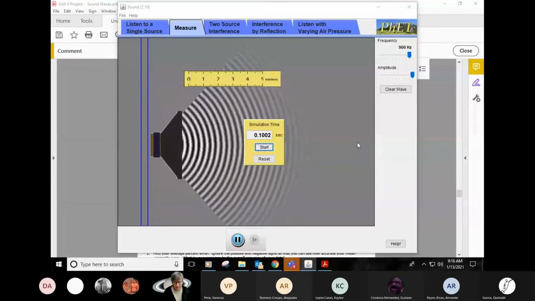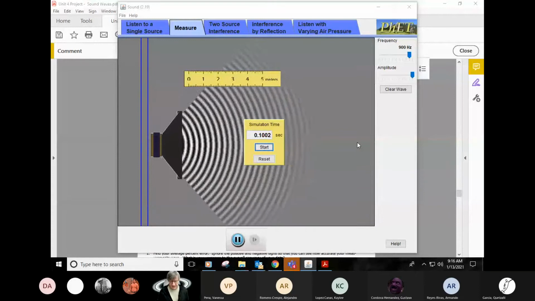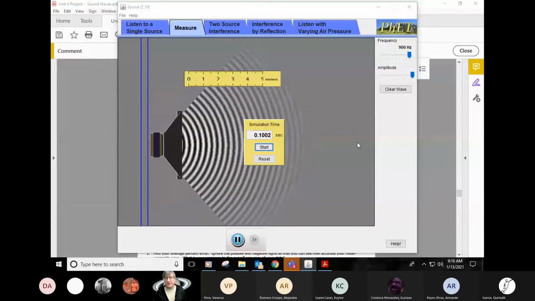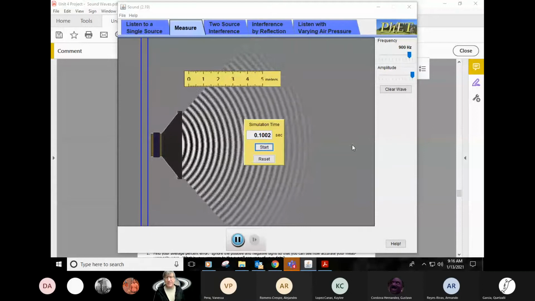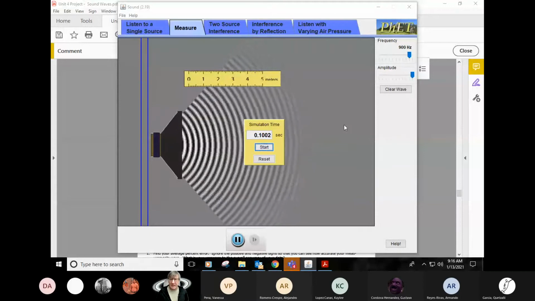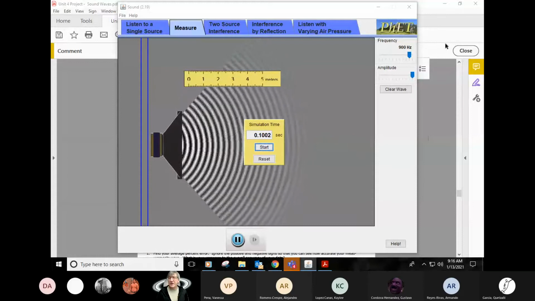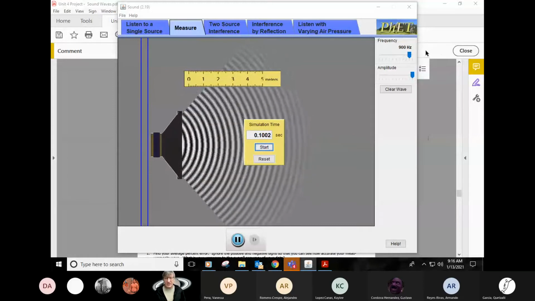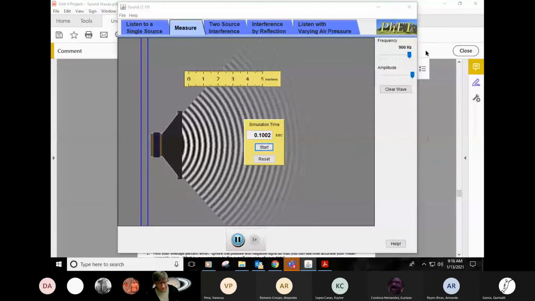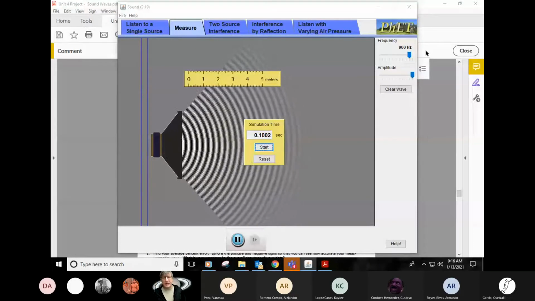Now, one thing that can happen as we age, the little hairs that I was talking about that vibrate at specific frequencies, it seems that those hairs at the highest end, up in the 20,000 range, can get damaged. And so as people age, they tend to lose their hearing, especially of the higher pitched sounds.